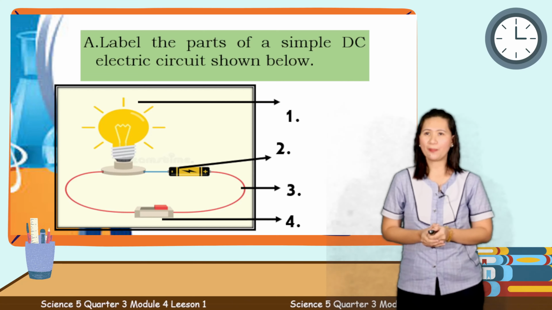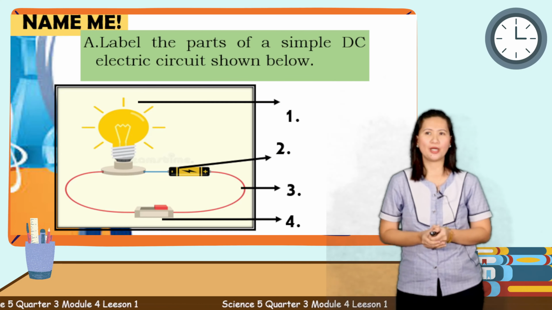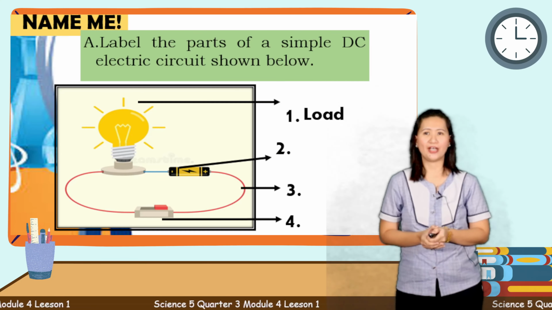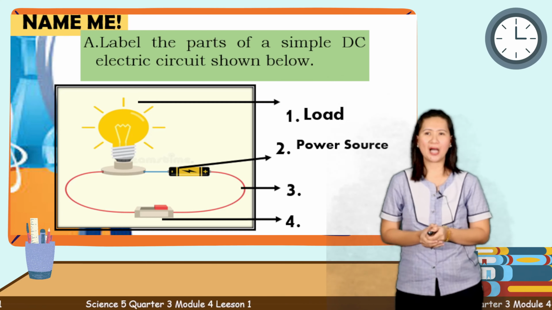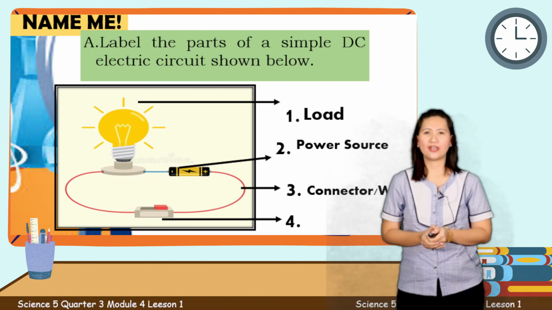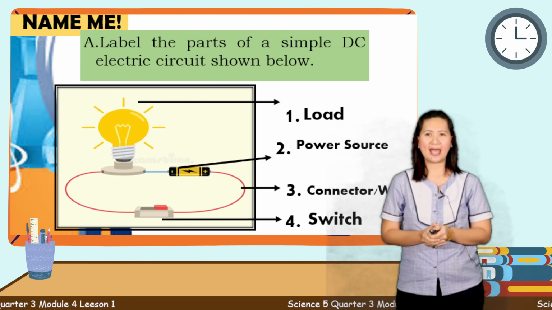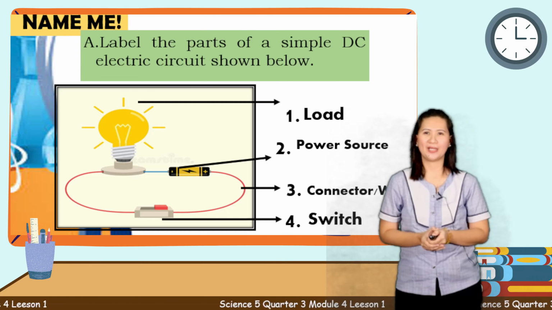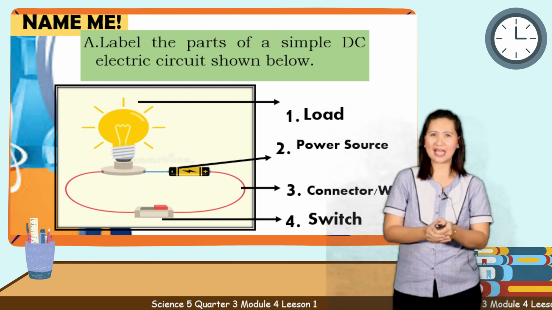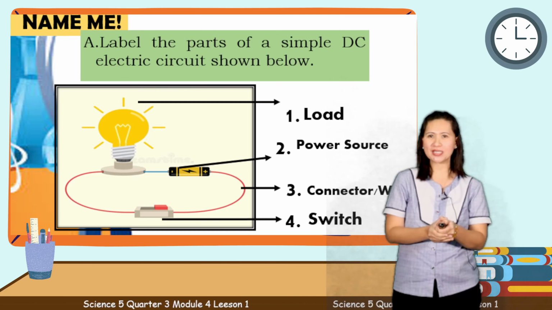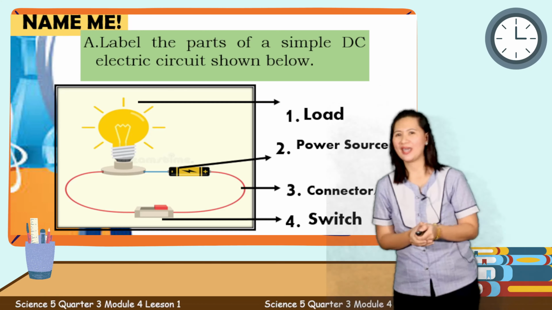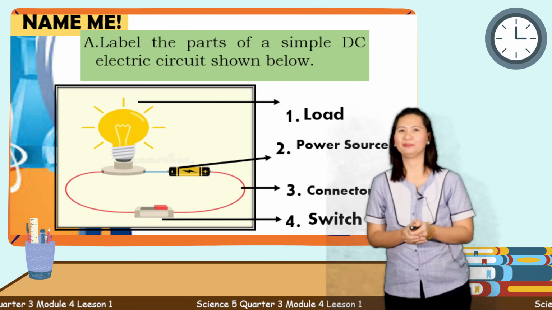So what are the parts of the electric circuit? We have first the load, the power source, the connector or the wire, and the switch. Did you get all the correct answers, young learners? Okay, that's good.